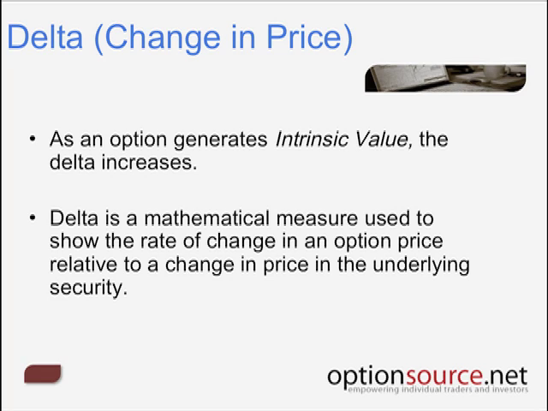So an important consideration with respect to these in-the-money option contracts, or in fact the categorization of any of these options and its relationship to the underlying security, has to do with the option's delta.